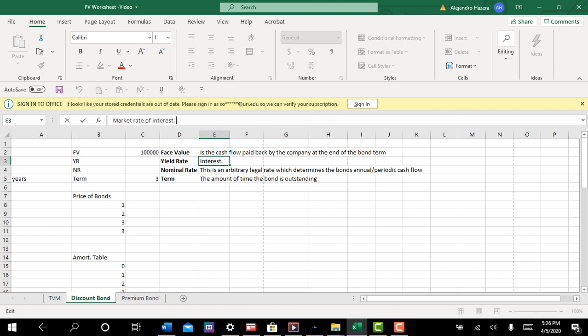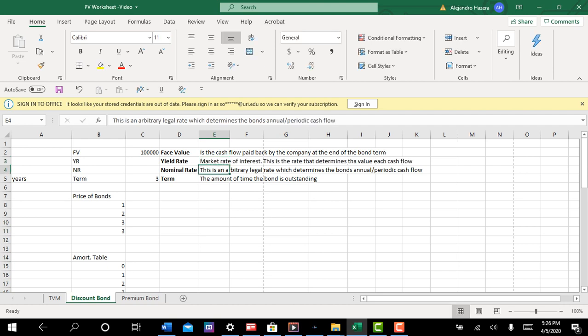There's a difference. You pay so many dollars, but given that, as in our discussion of present value, a dollar today is worth more than a dollar tomorrow, the value of each cash flow is determined by the market. So this is the rate that determined the value of each cash flow.